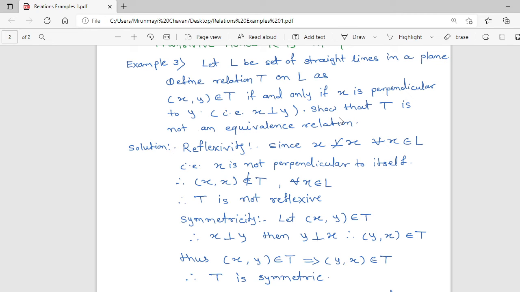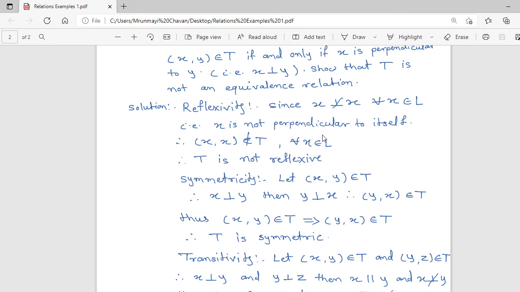Then show that T is not an equivalence relation. Now, as in the previous example, here also the set of all straight lines in a plane, but the relation is defined as two straight lines are related to each other if they are perpendicular to each other.